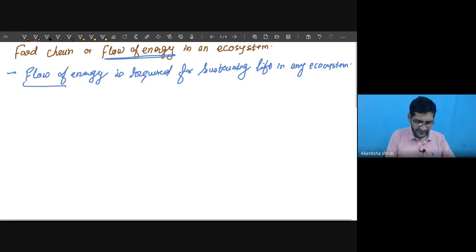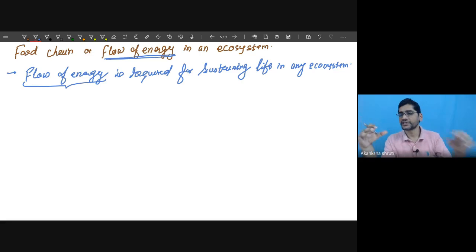Now this flow of energy, how can the energy flow from one level to another? In different levels of organism, there are different kinds of organisms existing in an ecosystem. Different kinds of organisms which take their food in different forms or from different sources are called a particular level of that ecosystem.